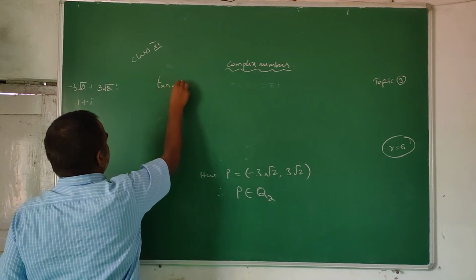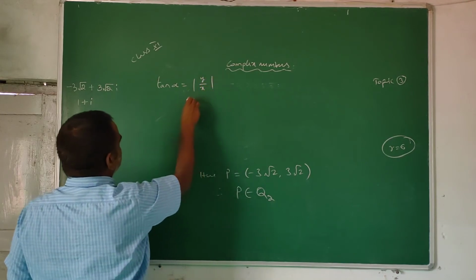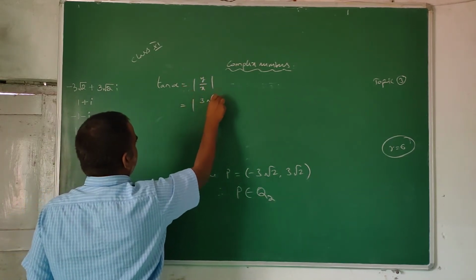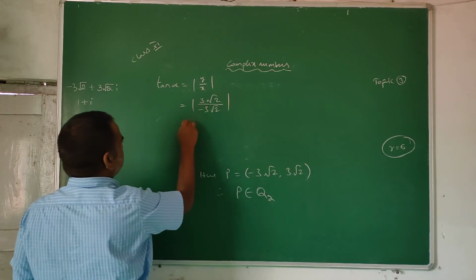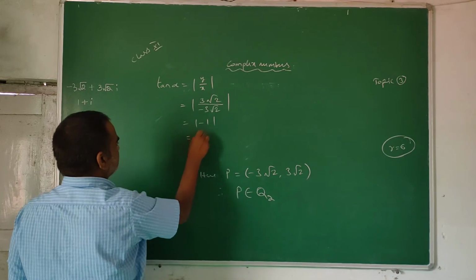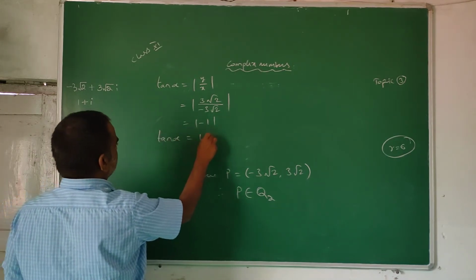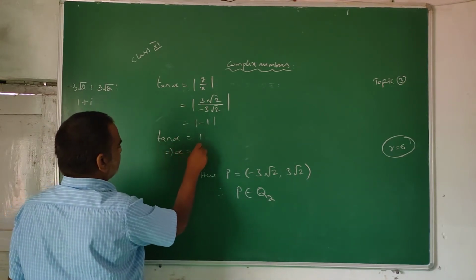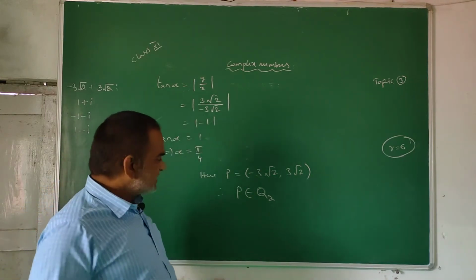So tan alpha is equal to modulus of y by x, modulus of 3 root 2 by minus 3 root 2, which is modulus of minus 1, which is 1. So tan alpha is equal to 1. So alpha is equal to pi by 4. Did you understand?